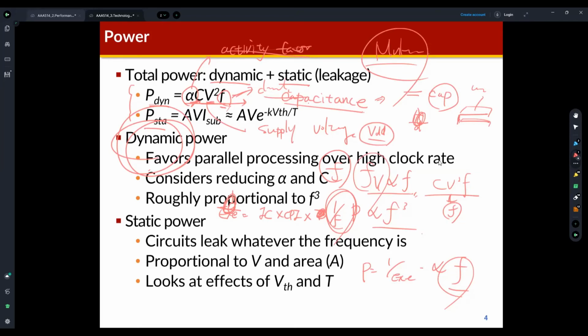So let's see the static power equation here. What is the static power? Actually, the CMOS transistor circuit looks like this. It's an inverter circuit. For example, this is a PMOS, and this is an NMOS transistor, this is the VDD, and this is the ground.